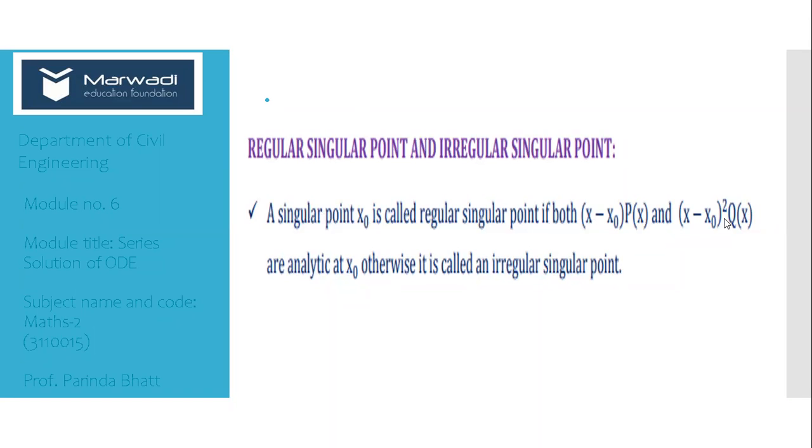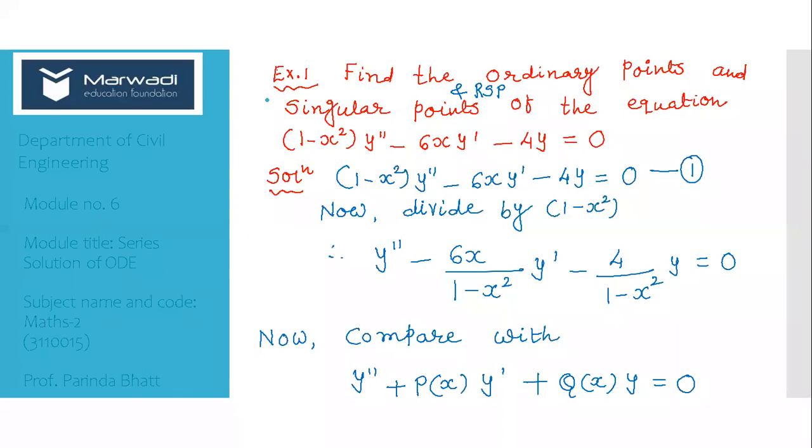If both of these are analytic at x0, it is a regular singular point, otherwise it is known as an irregular singular point. We also discussed one problem: find the ordinary points, singular points, and the regular singular points of the given differential equation.